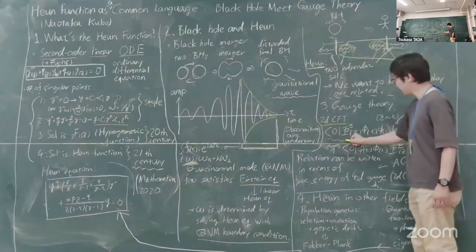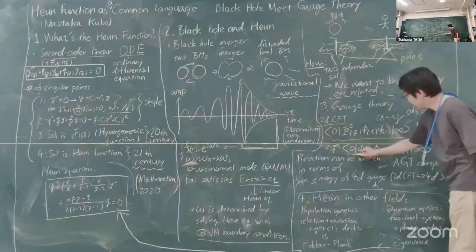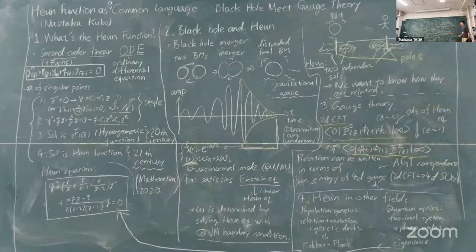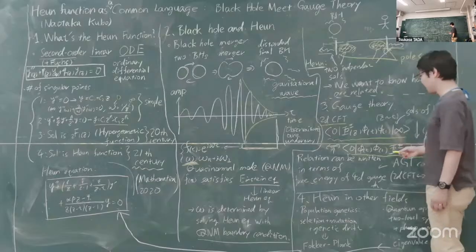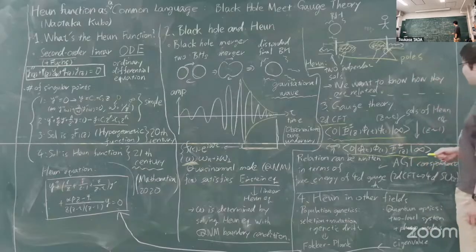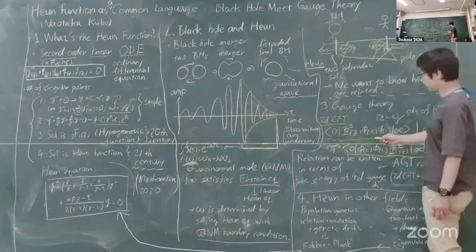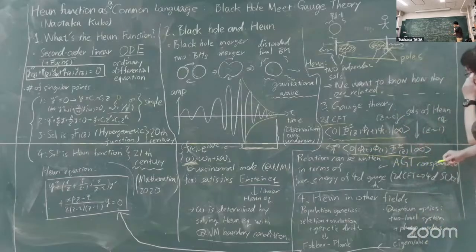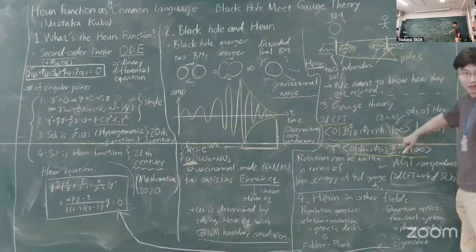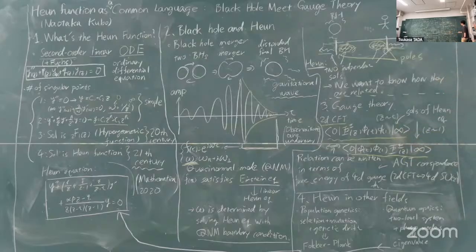We can consider correlation functions, which are fundamental observables in conformal field theory. One very important point is that it's known that they are solutions of the Heun equation.